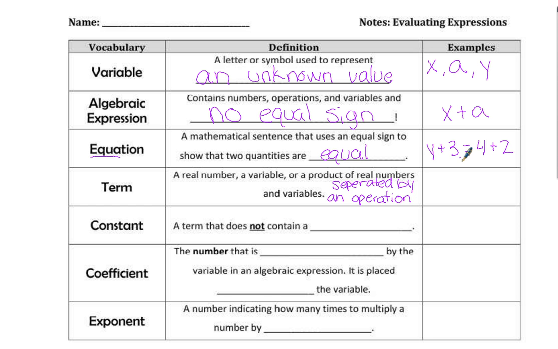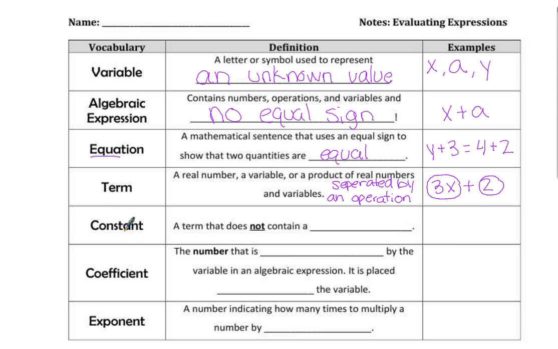An example of terms would be 3x. That would be a term, and 2 would be a term. Not the plus sign. We're looking at the things separated by that operation. So 3x and 2 are both terms.